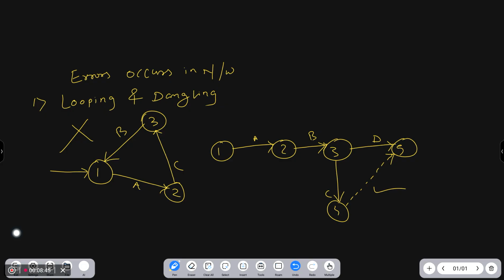The next important error we will see is that parallel activity is not allowed. Yesterday I told you about parallel activity.